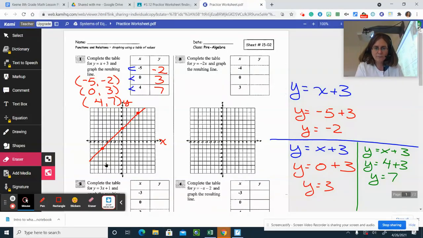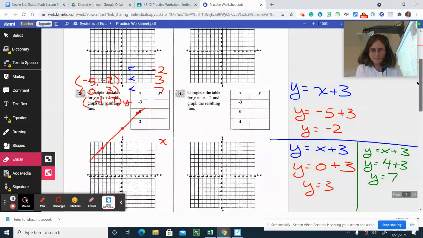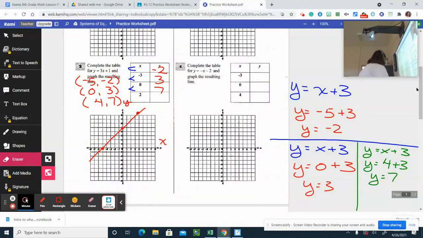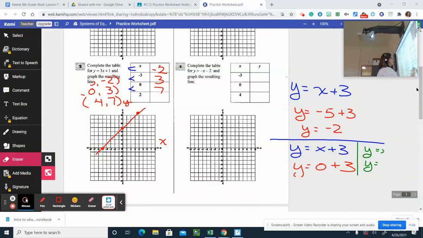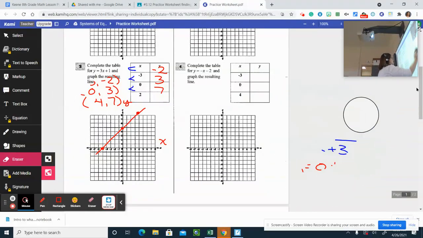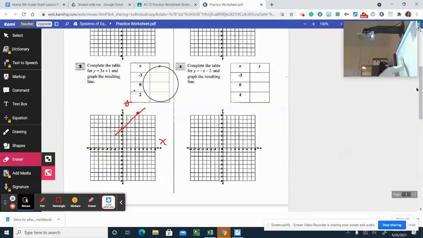I'm going to go over just a couple other problems. I want to draw your attention to number 4. So be careful on number 4. The equation is y equals -x minus 2.